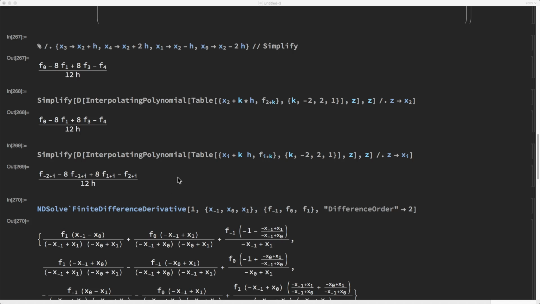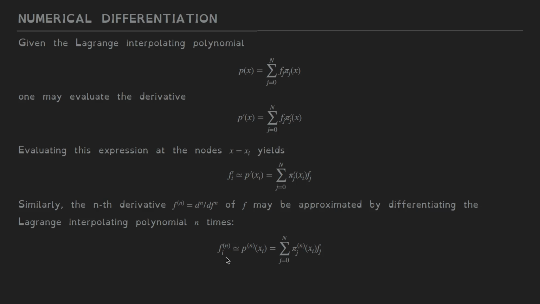It's also useful to construct a differentiation matrix based on these formulas. If we go back to our slides, we see here that when we compute the numerical derivative based on Lagrange interpolation, we're actually constructing a matrix.